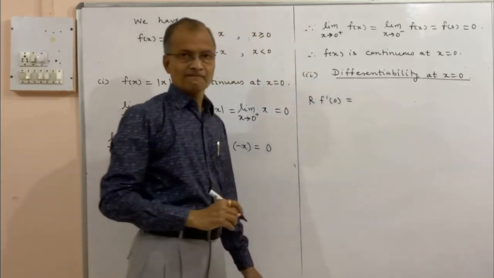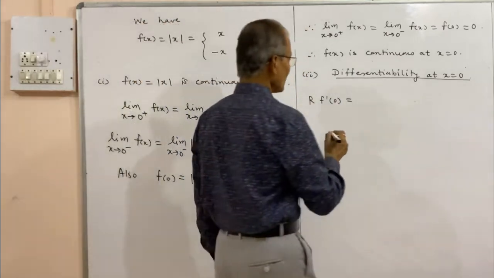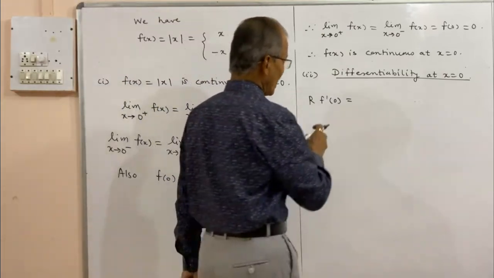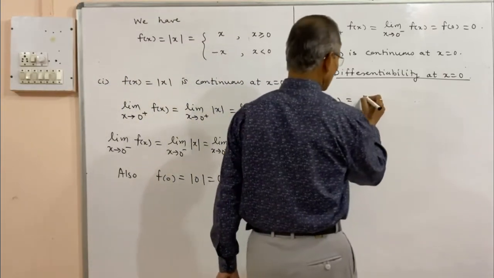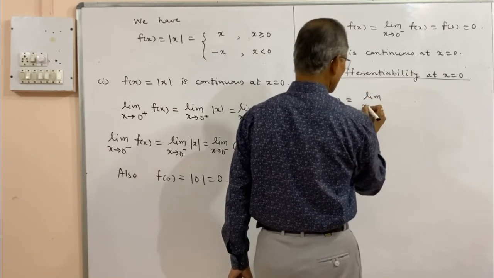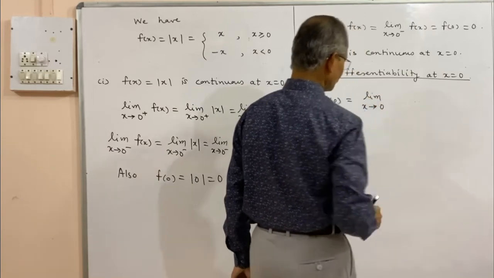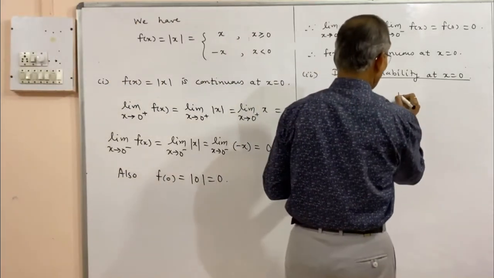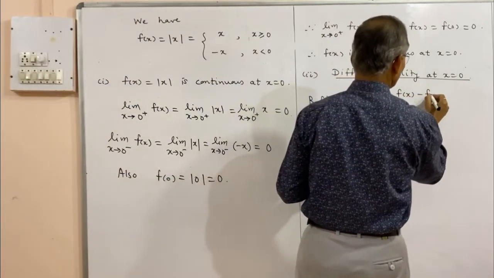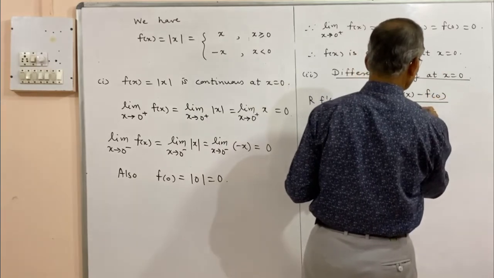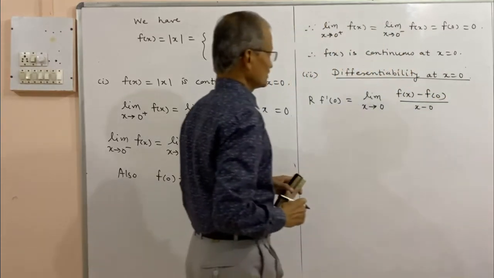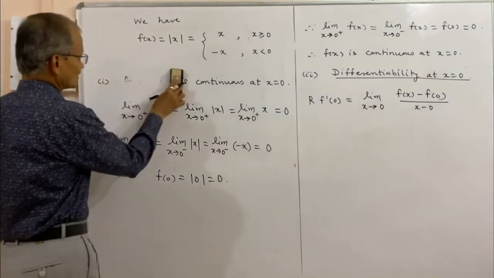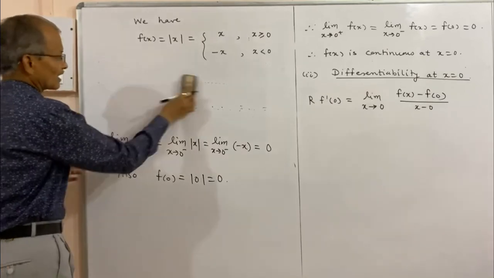By definition, this is limit. What is the R f dash? We have here written the definition. R f dash of a, and that here is limit x tends to 0. The point is 0, so therefore x tends to 0. f(x) minus f(0) divided by x minus 0.